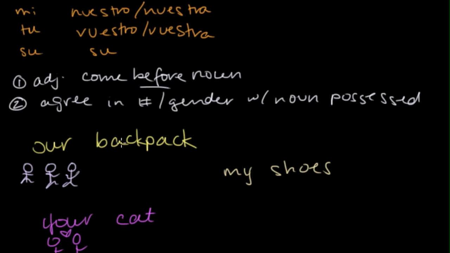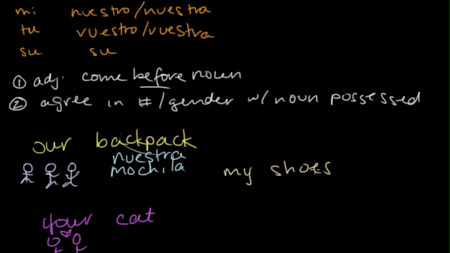So over here we have our backpack. First we have to figure out the sort of characteristics of this noun. So we know that backpack is mochila, which is feminine and singular, and that means that we need a feminine singular adjective. For our, that is nuestra. Even though these are all boys, the adjective agrees with the noun, nuestra mochila.